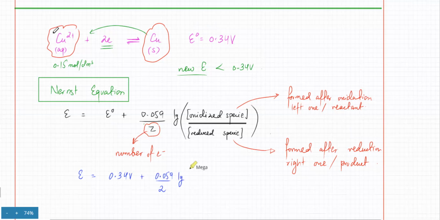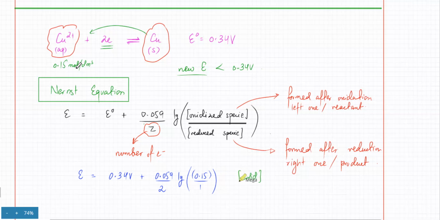The oxidized species is copper 2 plus, and the concentration is given as 0.15, divided by the reduced species, which is taken as 1, because remember that solids always have concentration equal to 1.